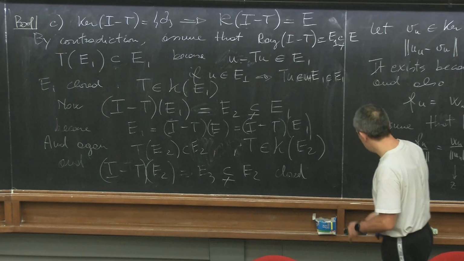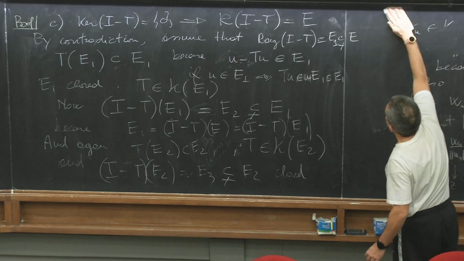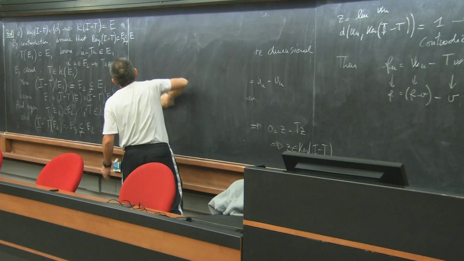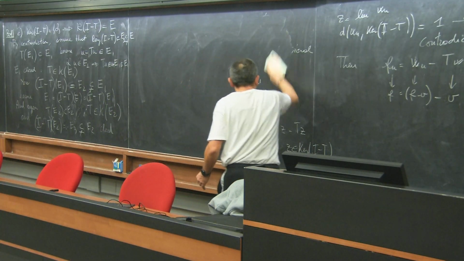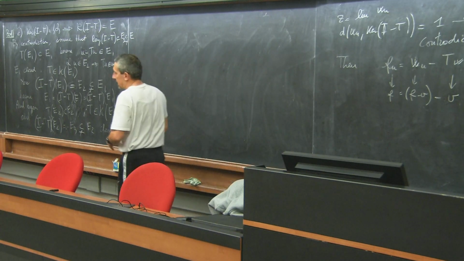Okay. So if this happens, basically I construct a family of nested closed subspaces, and you see where we are heading to, no? To show that then T cannot be compact.